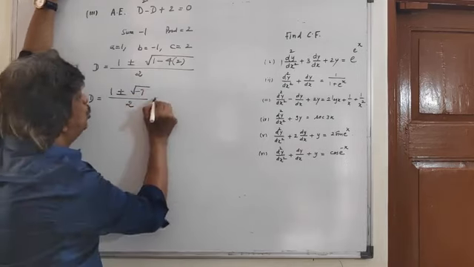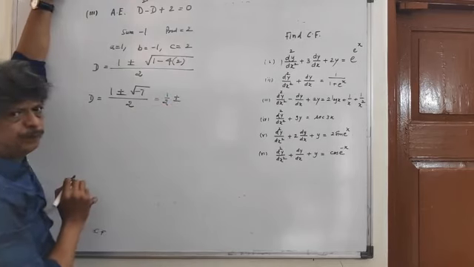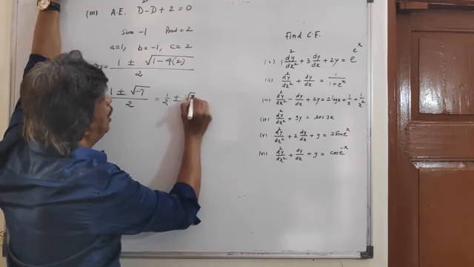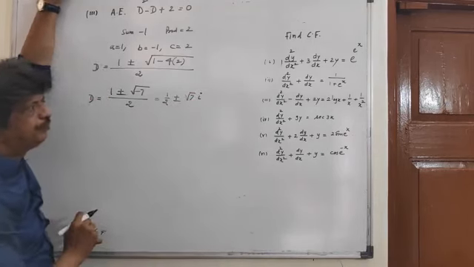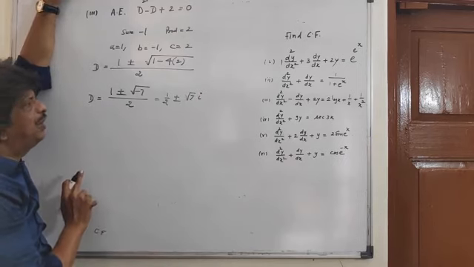So it is equal to 1/2 ± (√7)i. That is 1/2 + √7 i and 1/2 - √7 i.